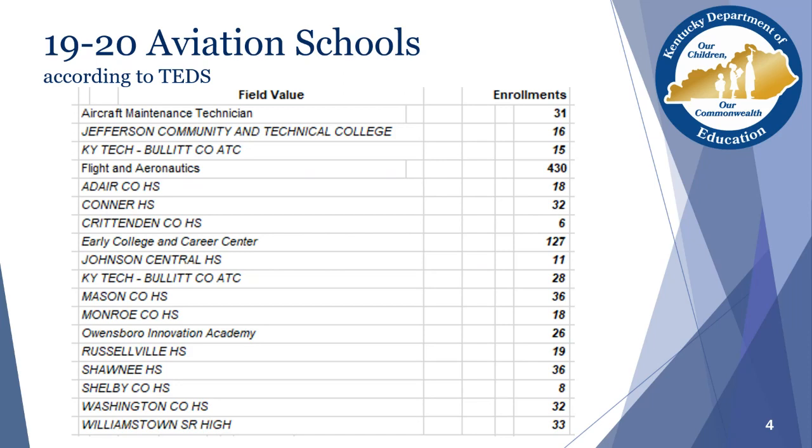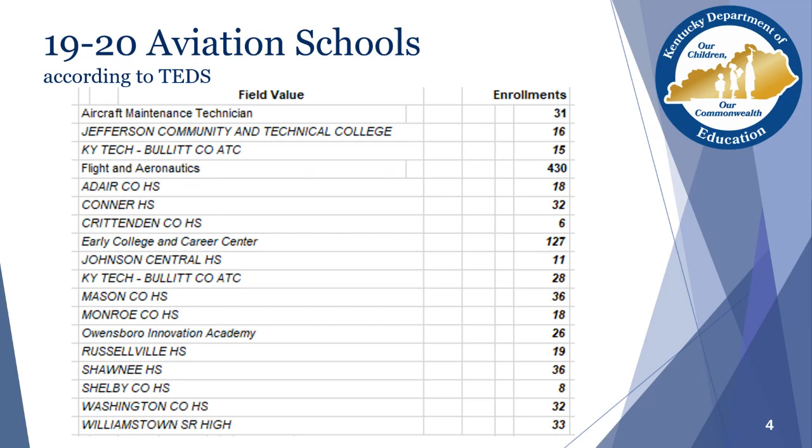And then as far as flight and aeronautics, we have Adair County, Connor High School, Crittenden County, EC3 or Early College and Career Center out of Hardin County, Johnson Central, Bullitt County also has a flight and aeronautics program, Mason County, Monroe, Owensboro Innovation Academy, Russellville High School, Shawnee out of Jefferson County, Shelby County, Washington County, and then Williamstown Senior High School, all have programs, once again, according to TEDS.